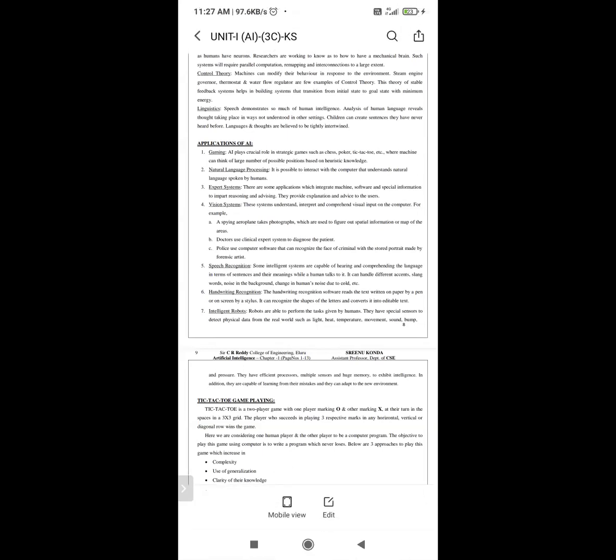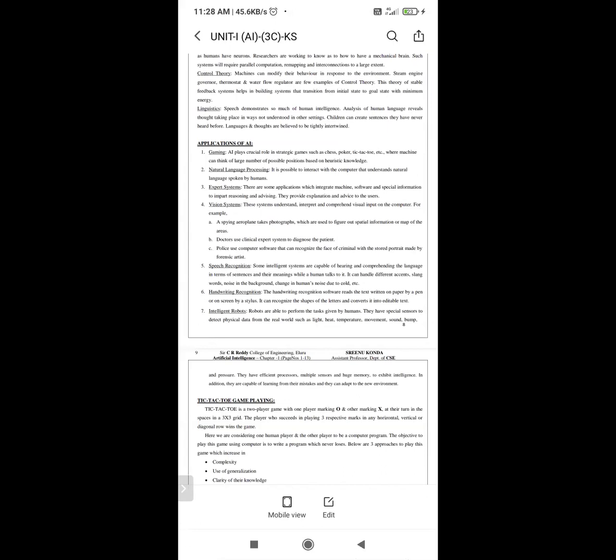So in this particular speech recognition, we have some intelligent systems that are capable of hearing and comprehending the language terms, sentences, and the meanings when a human talks to it.